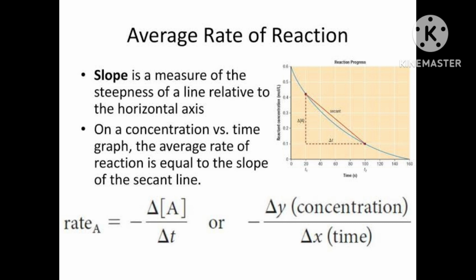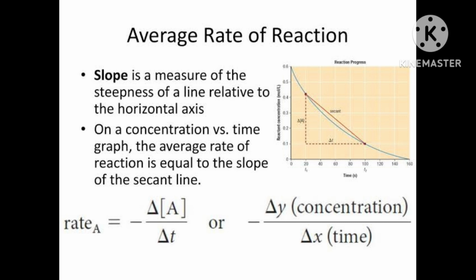Now at 100 seconds, in the same way, 100 minus 50 is 50 seconds, and at 100 seconds the concentration is 0.0820, and at 50 seconds it was 0.0905. What is the difference? 0.0905 minus 0.0820. Or you can do final minus initial, but then the value will be negative.